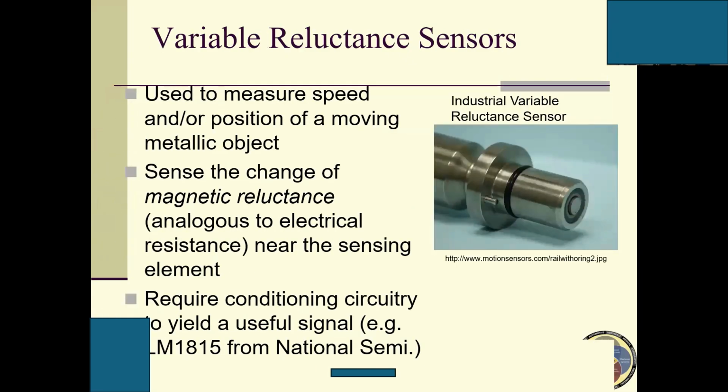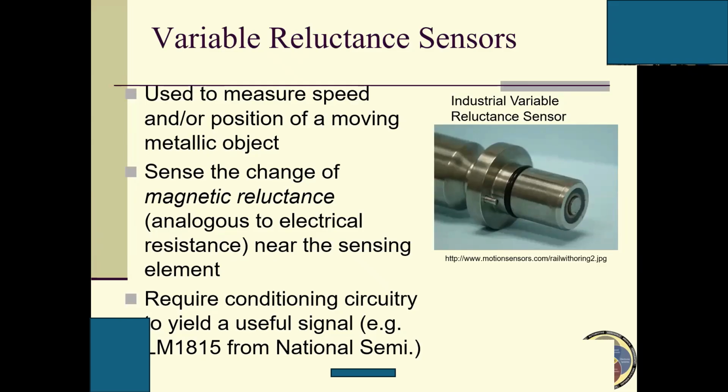Then we talk about the variable reluctance sensors. This is another sensor that is commonly used in industry, in manufacturing automation. These sensors are used to measure speed. They measure the magnetic field and the position of moving metallic objects.